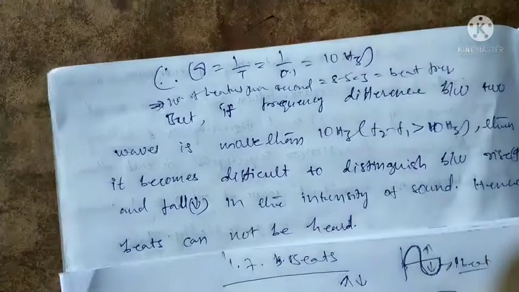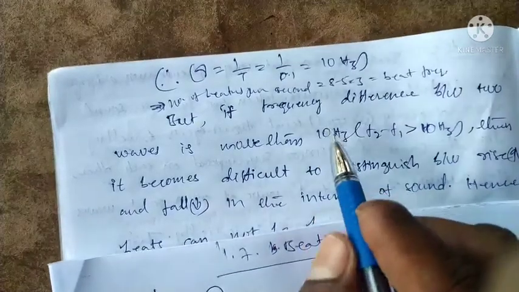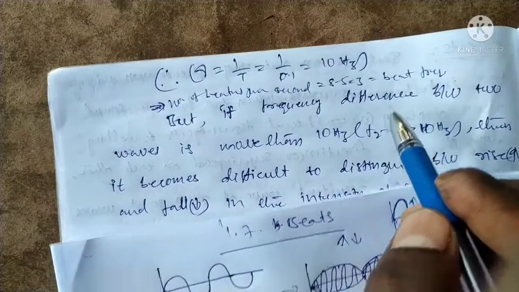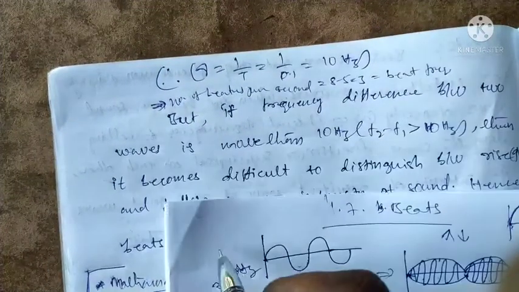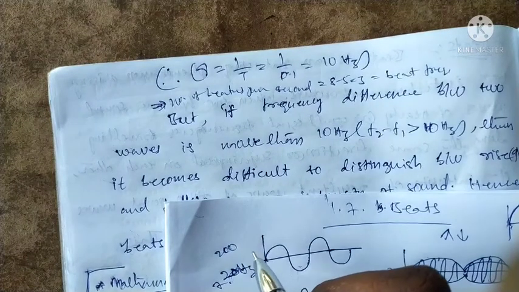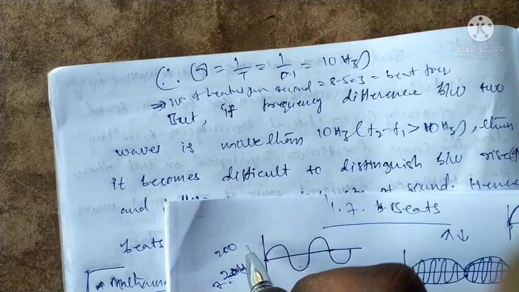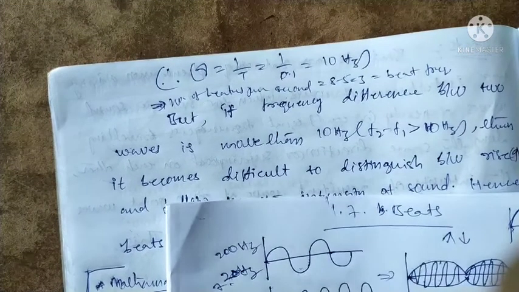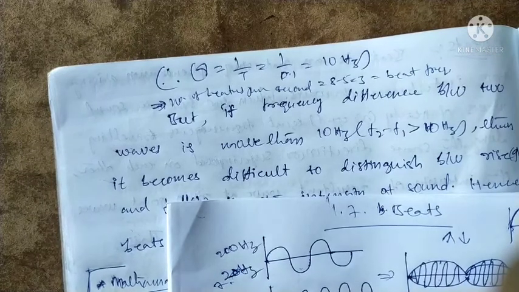Suppose the frequency difference is greater than 10 hertz. Suppose one wave has 200 hertz and another has 400 hertz.